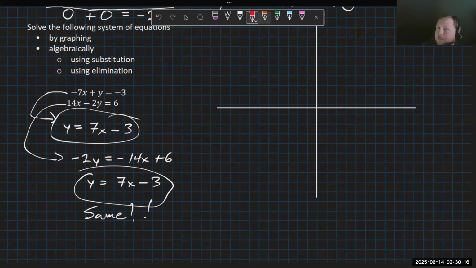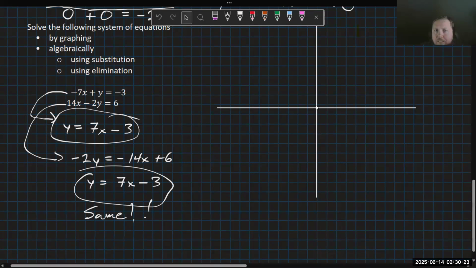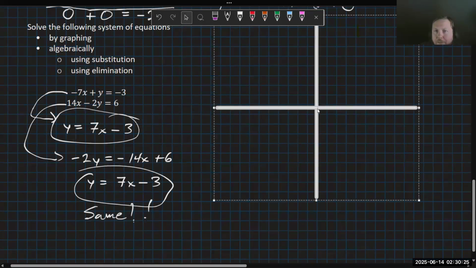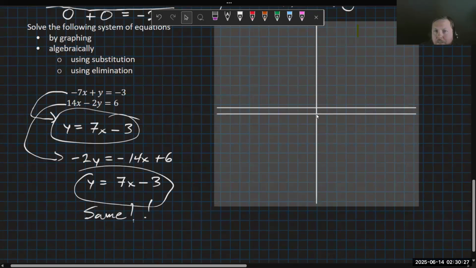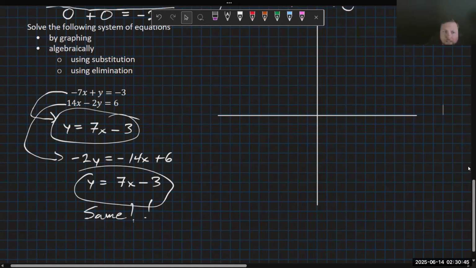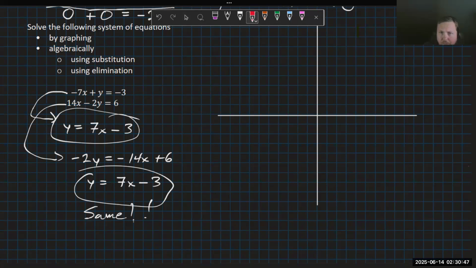Well, let's go ahead and graph them. I'll just graph one of them, but that means I'm graphing both. Let's fix my axes here a little bit. So negative 3 and then up 7. So there's 3, 4, 5, 6, 7, and then right 1.